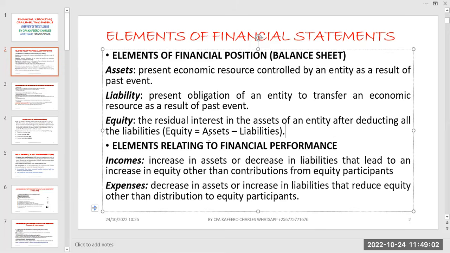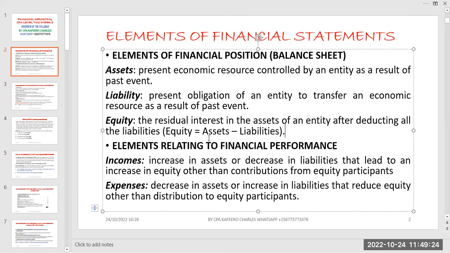So let's look at the elements relating to the financial performance of an organization. Those are the elements within the income statement, or profit and loss and other comprehensive income. One of them is income.